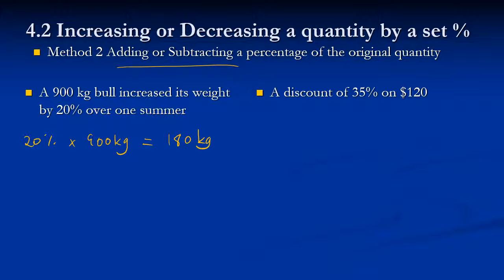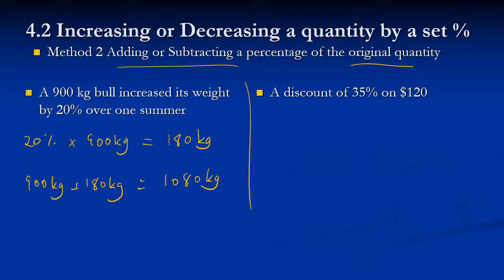So that's step one, and then step two is to put that onto the original quantity. So we just say 900 kilograms plus 180 kilograms equals 1,080 kilograms.